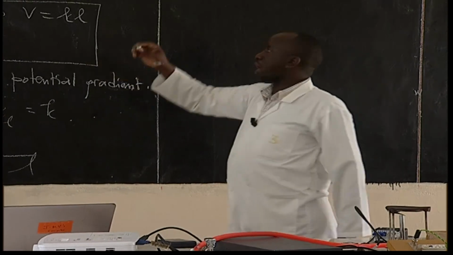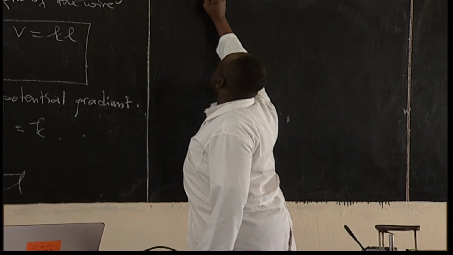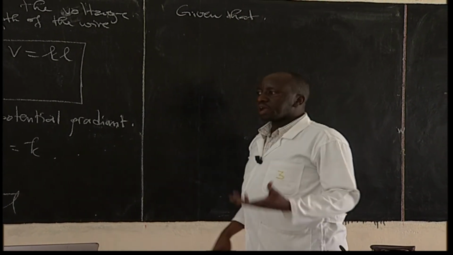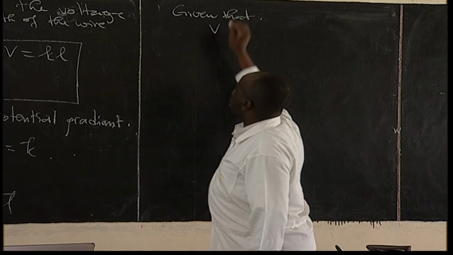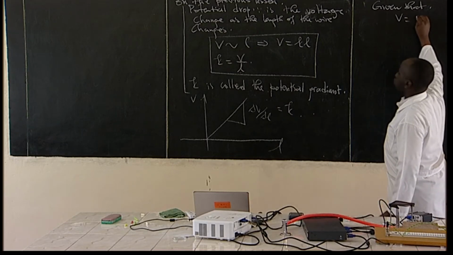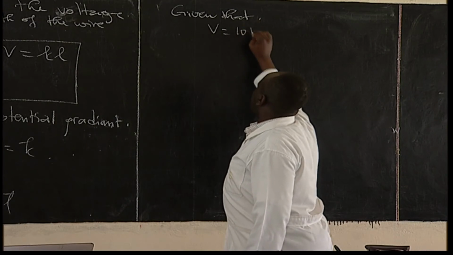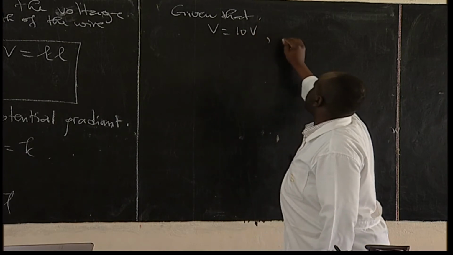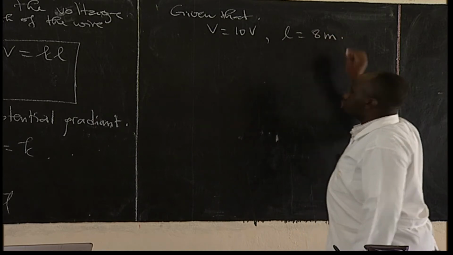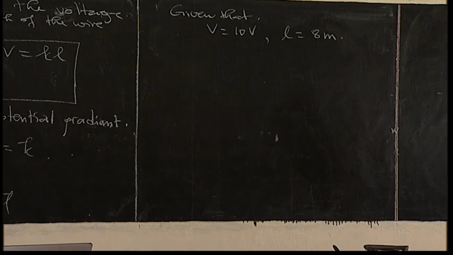As you see there, we have the given that V, the potential difference, is equal to 10 volts, and we have L. So this L equals 8 meters. Try now to see. This means that you have all of this length there.